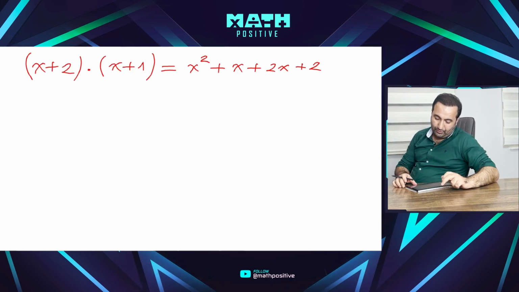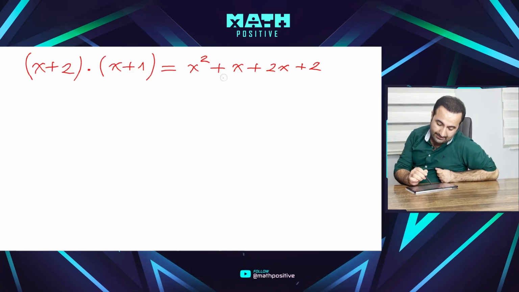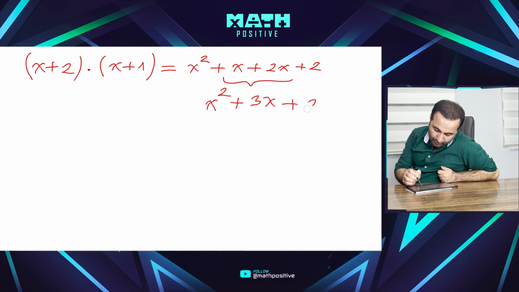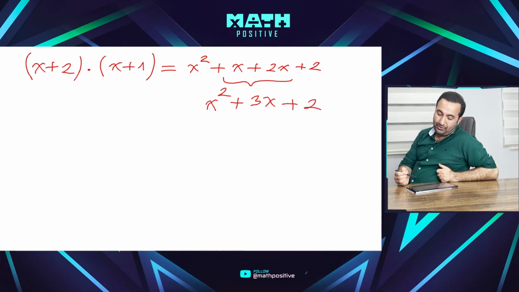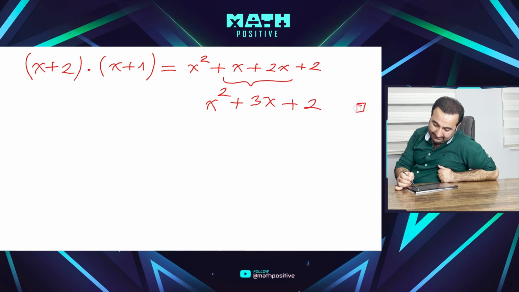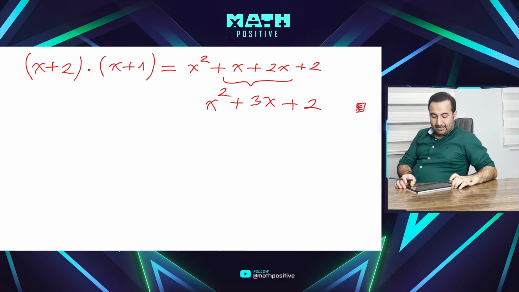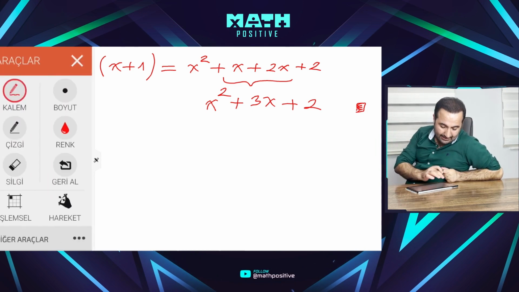Combining these x and 2x, we get 3x, so x squared plus 3x plus 2, and that's correct. That's our expression in the question.